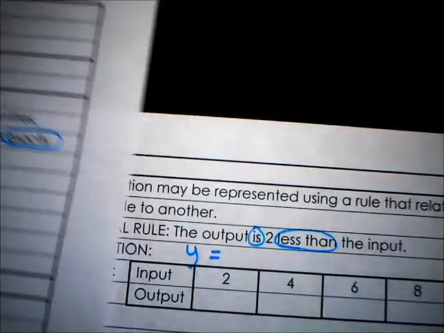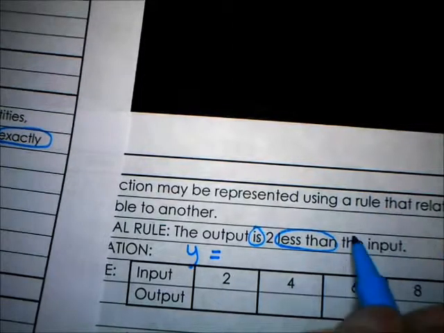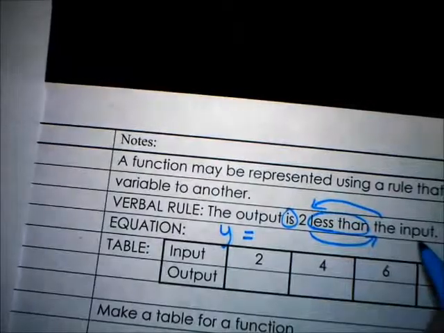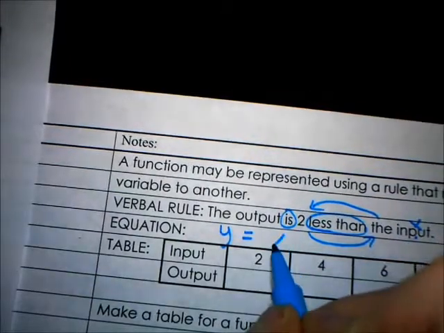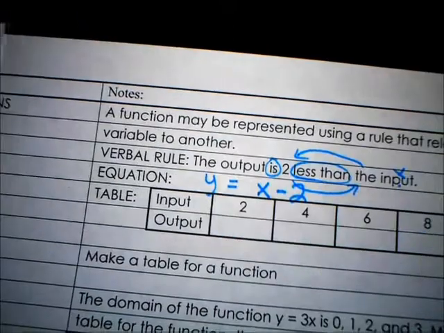Less than, if we think back to the other day, less than means we got to flip our order. The input, we said the input was going to be the letter X. So that means I have X, and the word less than means to subtract. I have 2.